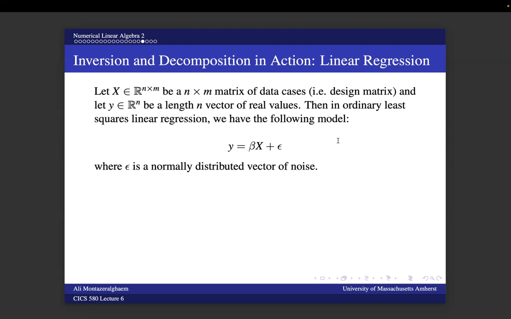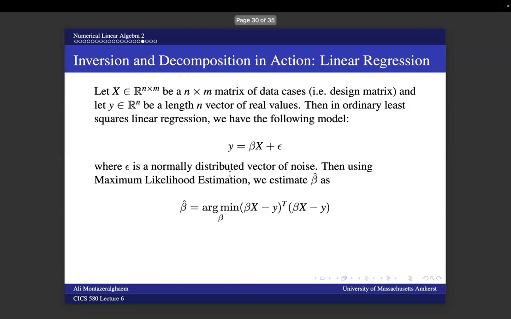The linear regression model that we can have here is y is equal to x times beta plus epsilon, where epsilon is a vector of noise. We need to compute beta here, because if we have beta, we can multiply x by beta to find the value of y. So this is linear regression, and the solution for this can be computed by maximum likelihood estimation.